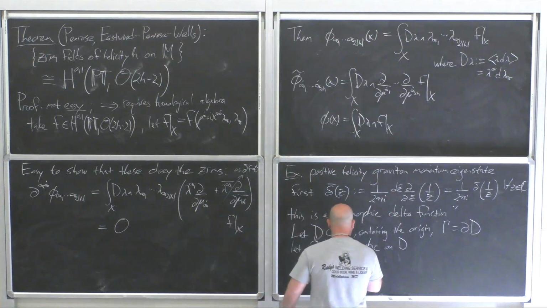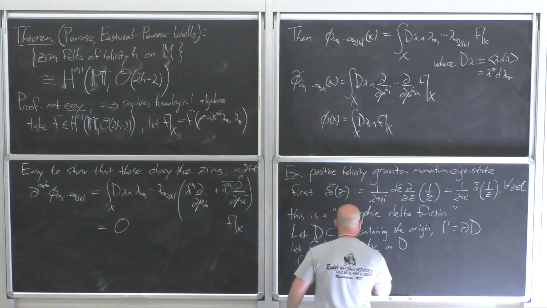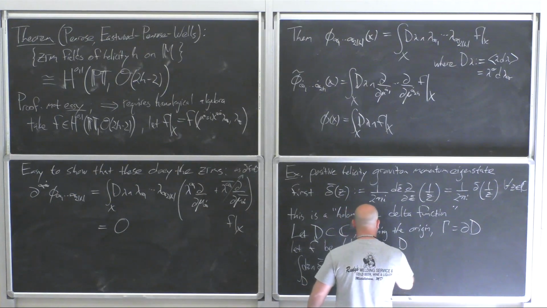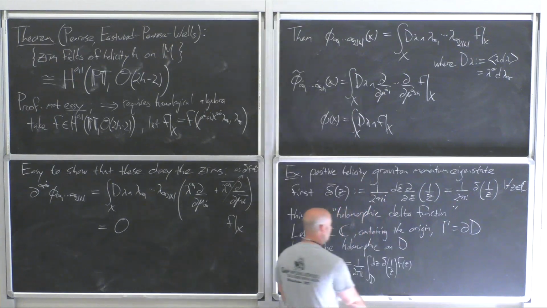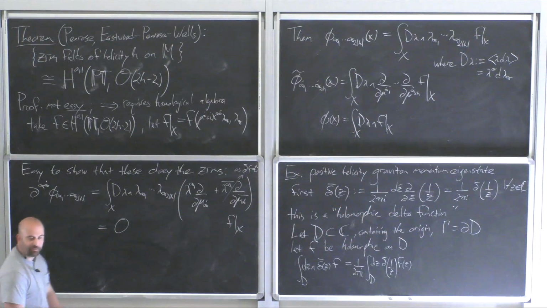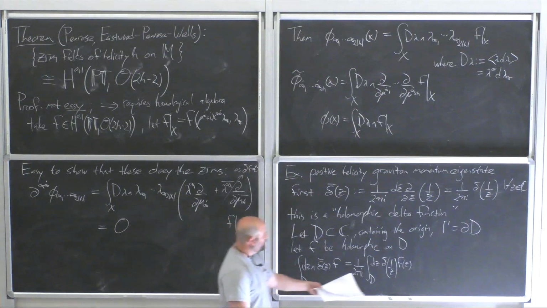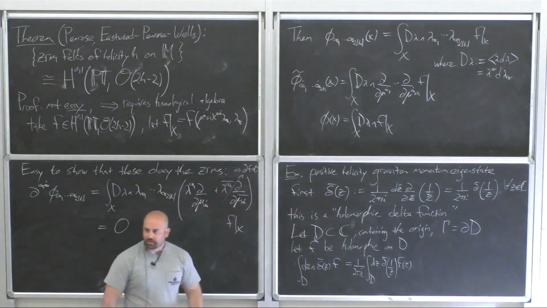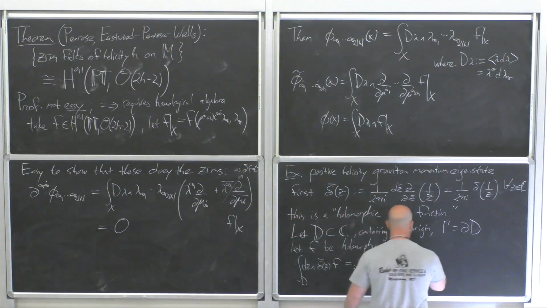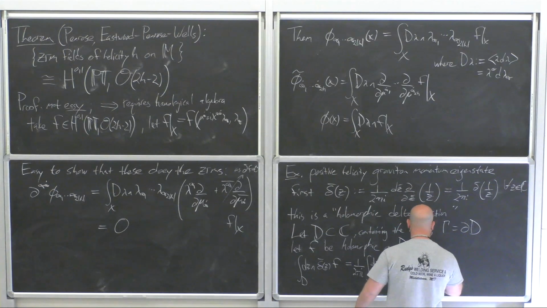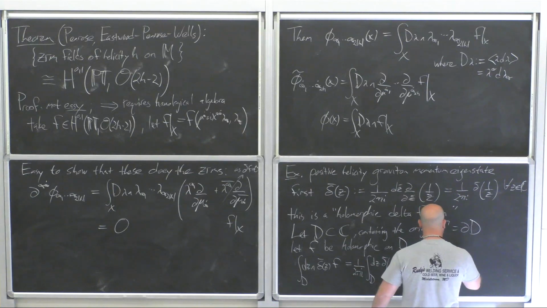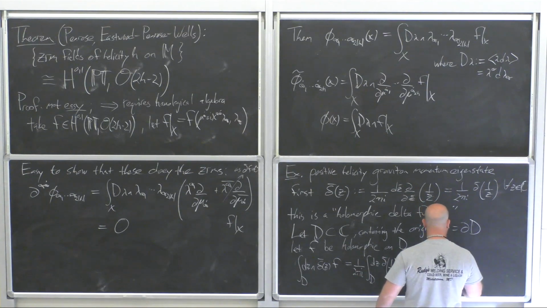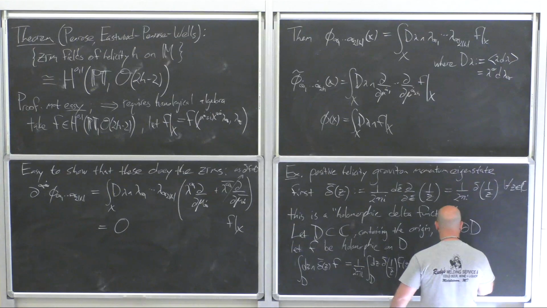Just using my definition, this is 1 over 2 pi i, integral over D, dz d bar of 1 over z, f of z. But because f is holomorphic, I can bring it inside that d bar and nothing happens. So this whole thing is actually a total derivative, 1 over 2 pi i, integral over D, d bar, dz, f of z over z.